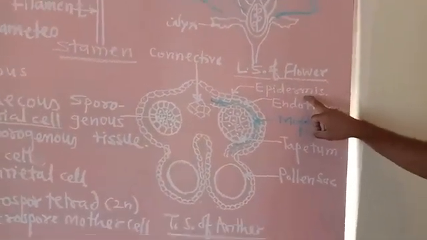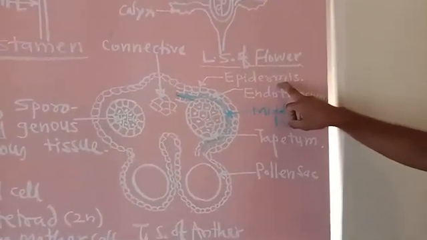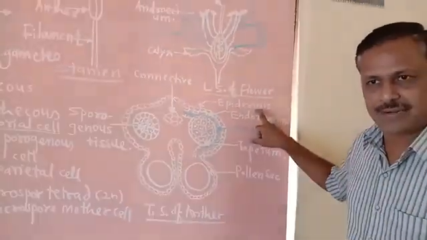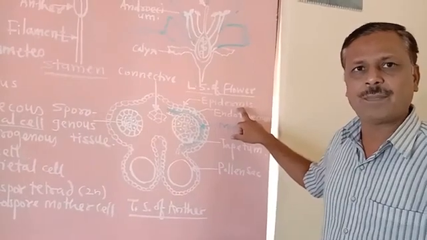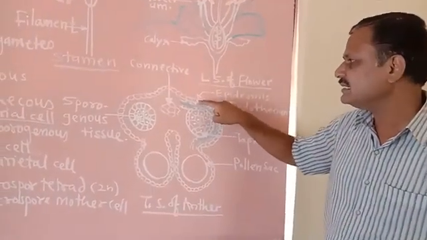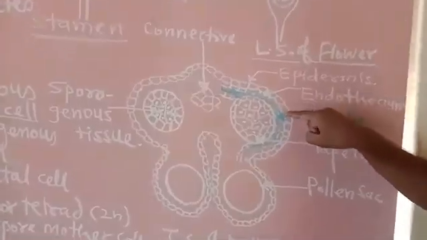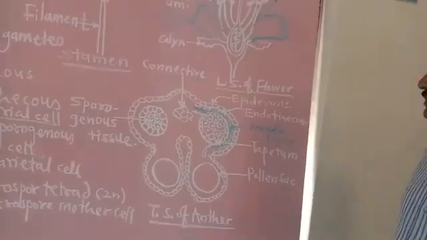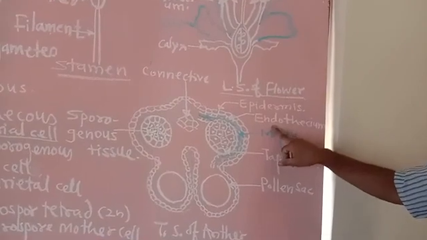Epidermis is a single outermost protective layer which is made up of flattened or tubular cells.